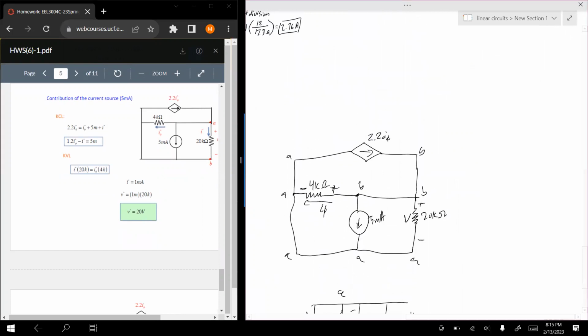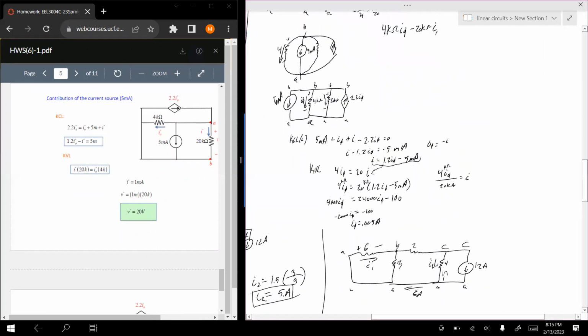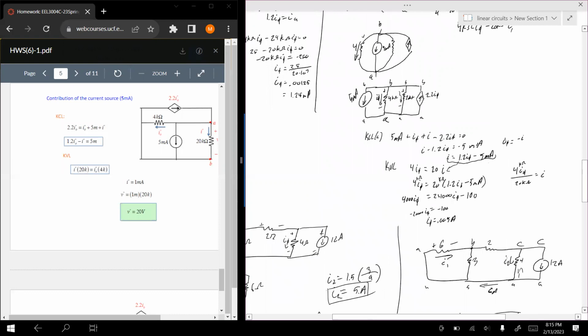Let's look at the earlier question to see how we did it there. We got the 1 milliamp. Oh, wait, the 1 milliamp is for the current through this resistor. That's not the I phi value. Okay, hold on. Now you got me checking my work.